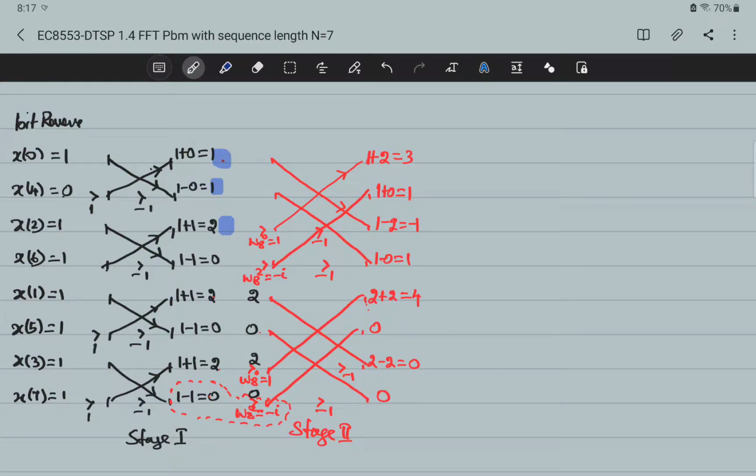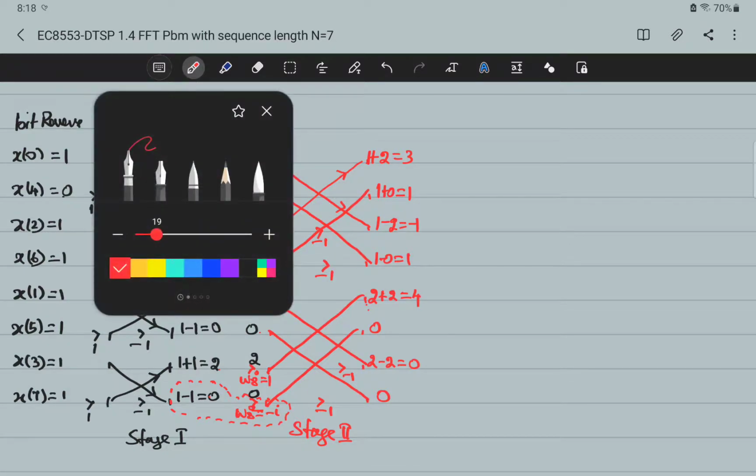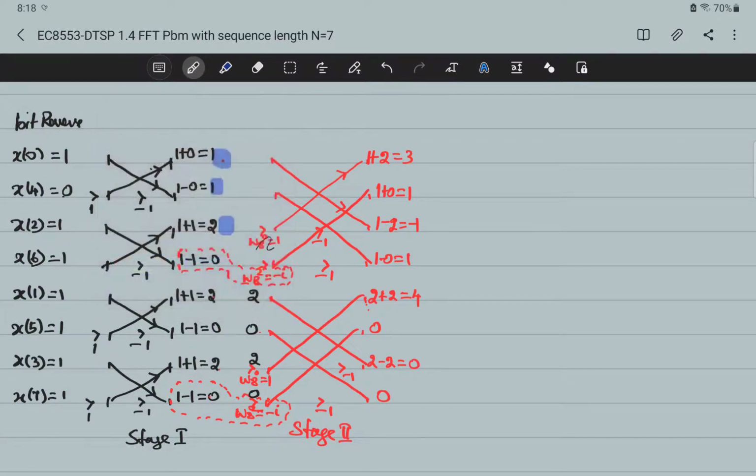And you can connect this value after multiplying with the twiddle factor. Here 0, 2, 1, 1. So now this is your stage 2 answer.